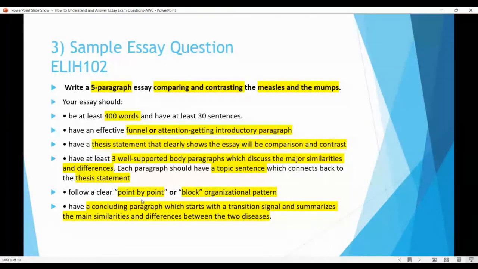So in point by point, similarities and differences are mixed up. You write similarities and then the next sentence, difference, in the same paragraph. But when it comes to block organizational pattern, 1 paragraph strictly talks about similarities, and when you have to talk about differences, you have to do so in a different paragraph altogether.